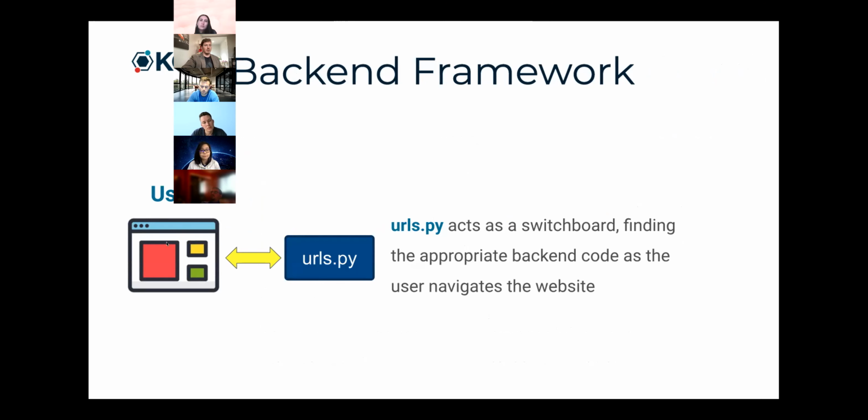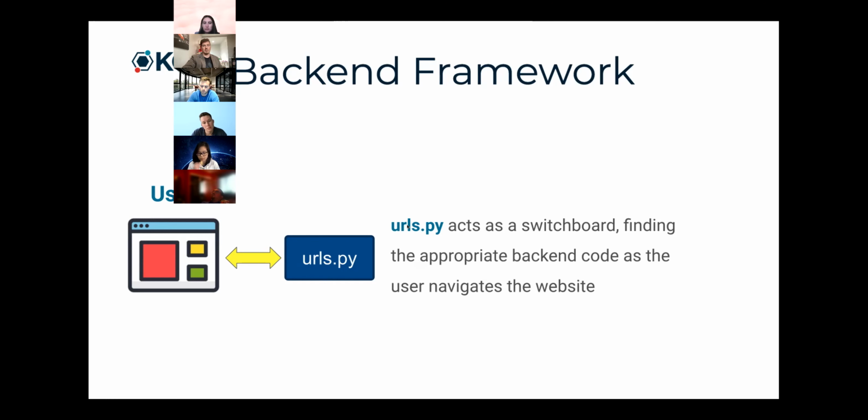When the user interacts with the website, their first interaction is usually the URL that they put in that belongs to that website. So I might go to the home page. When I do that, that is managed on the backend by, in this case, the urls.py. The py stands for Python, because in this example we're going to use a Python framework.